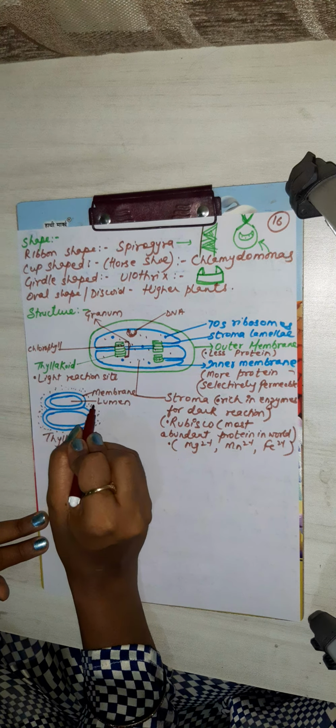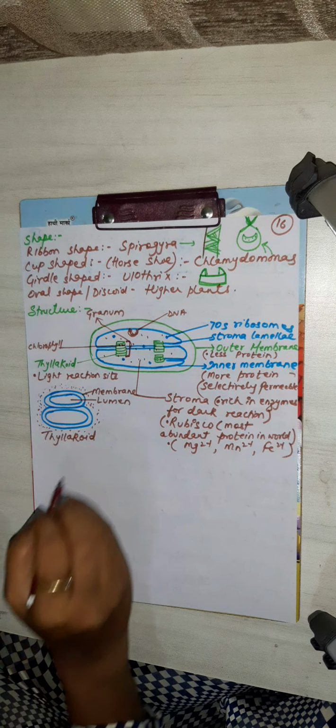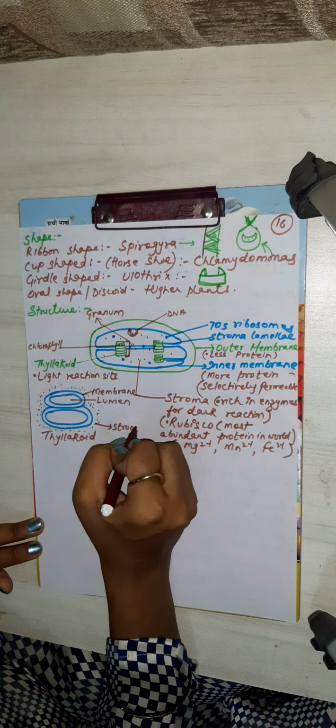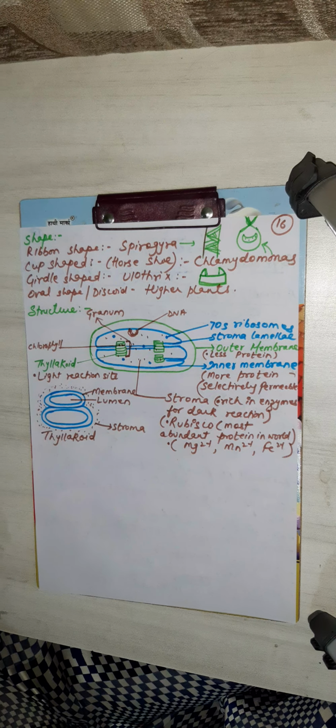thylakoid is stroma. This is stroma. And come to appressed part and non-appressed part.